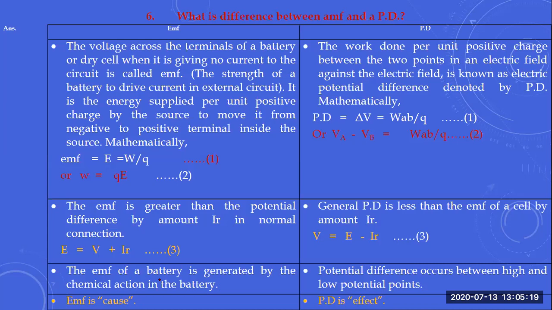So this is the concept of the EMF. You have created a cause to move the ball from the bottom to the top. At the same time, when the ball is moving from bottom to top, it is gaining some amount of potential energy. And this is the concept of potential difference in electrical circuits or electricity.